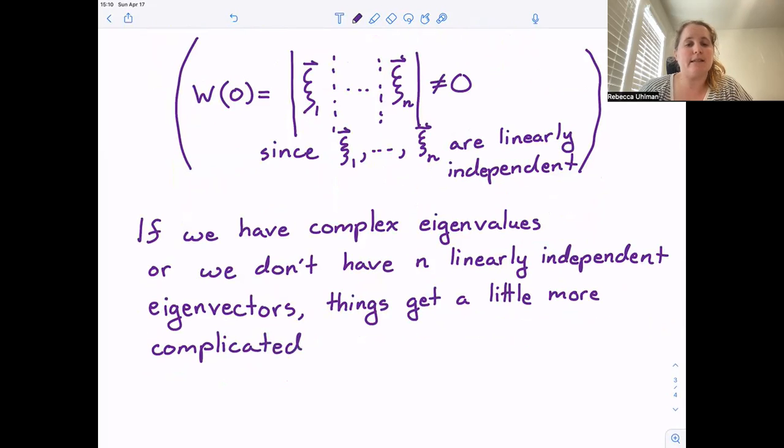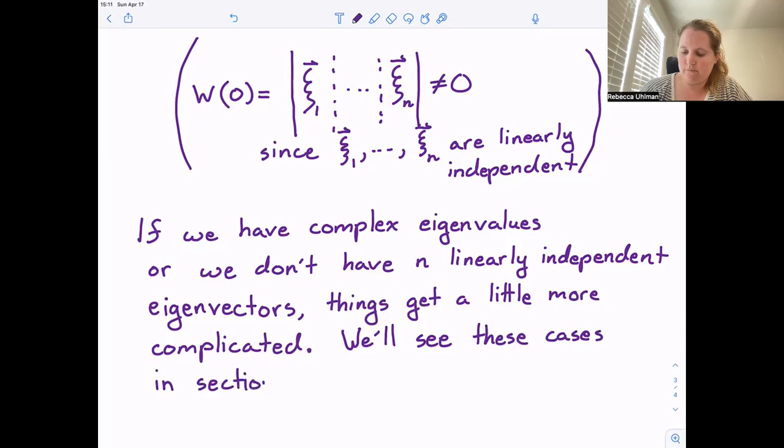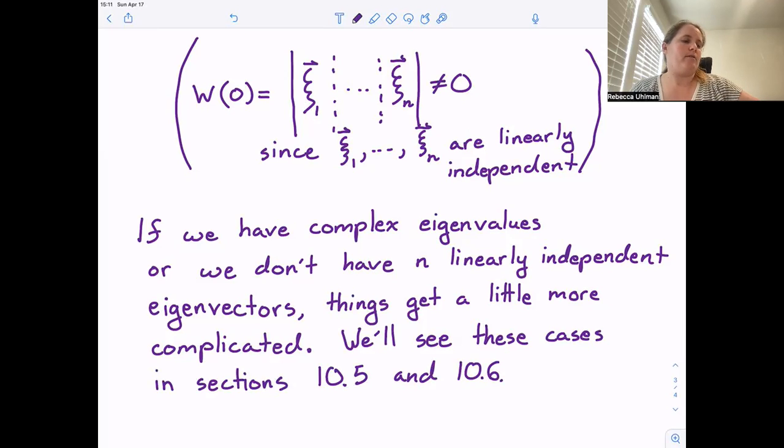And we'll see these cases in sections 10.5 and 10.6. In 10.4, we will focus on the case where we have all real eigenvalues and we do have that basis of eigenvectors. In the next video, we'll do some examples, specifically with a 2x2 case, and then I'll do a video with the 3x3 case.